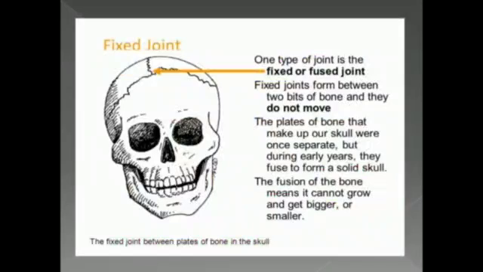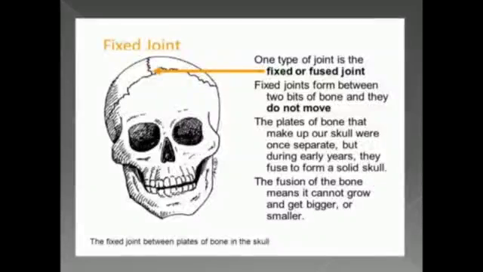Now, the next joint is the fixed joint. Here in our skull, in our head also some joints are there. So some joints between bones in our head, you know, our skull. These are different from those we have discussed so far, because till now we had discussed three joints: ball and socket joints also allow some type of movement, pivotal joints also allow some type of movement, hinge joints also allow some type of movement, but here I am talking about the fixed joint.